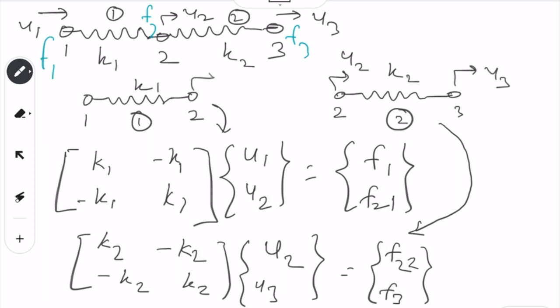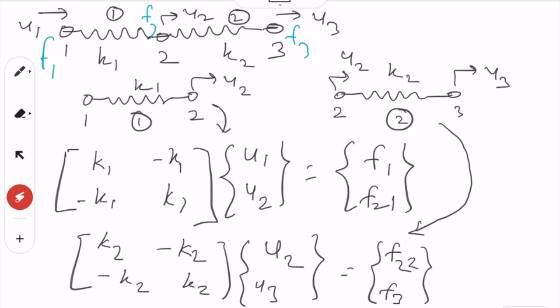Whatever displacement is here for element 1, the same displacement will be reflected here, because both of them are connected together. Hence if U2 is here, this will also be U2, but the forces inside this and inside this may not be the same.